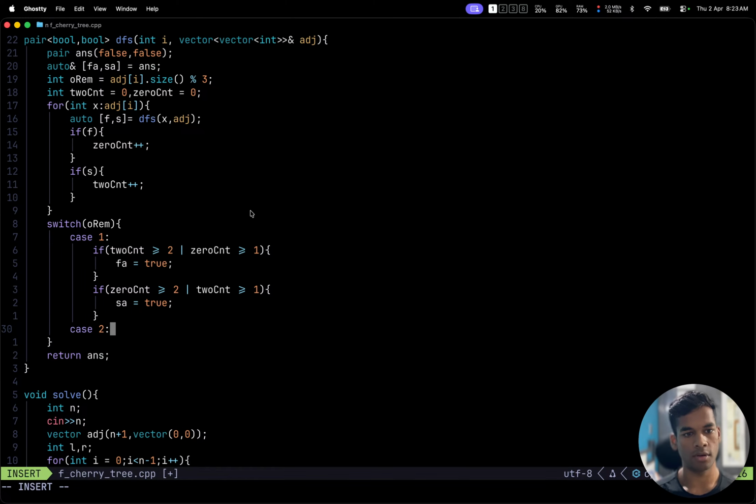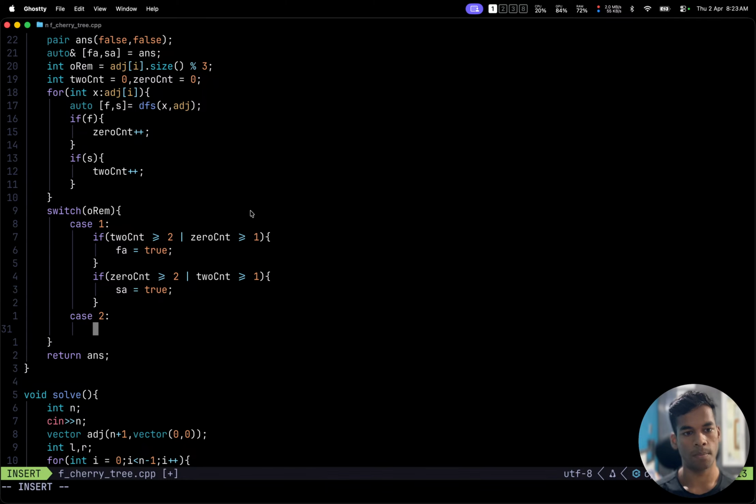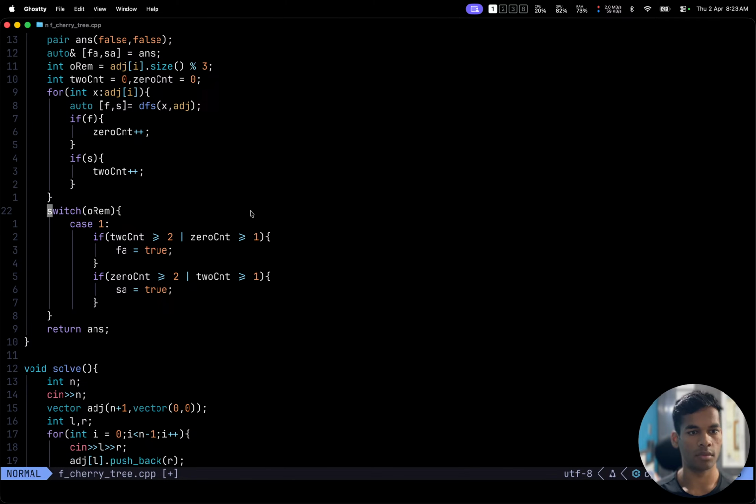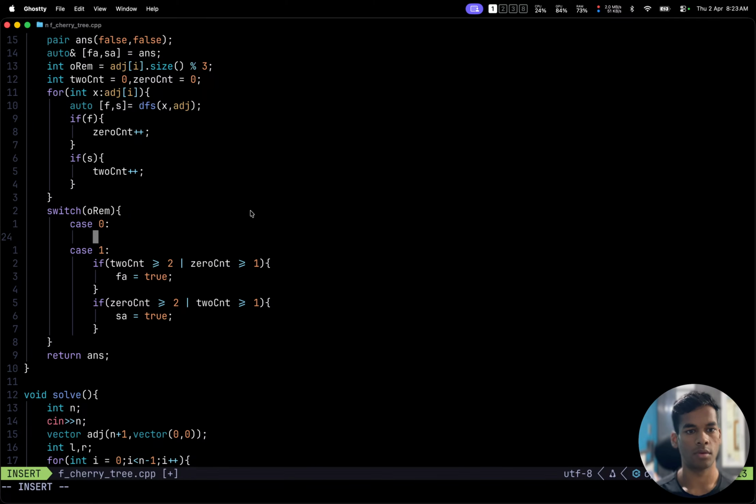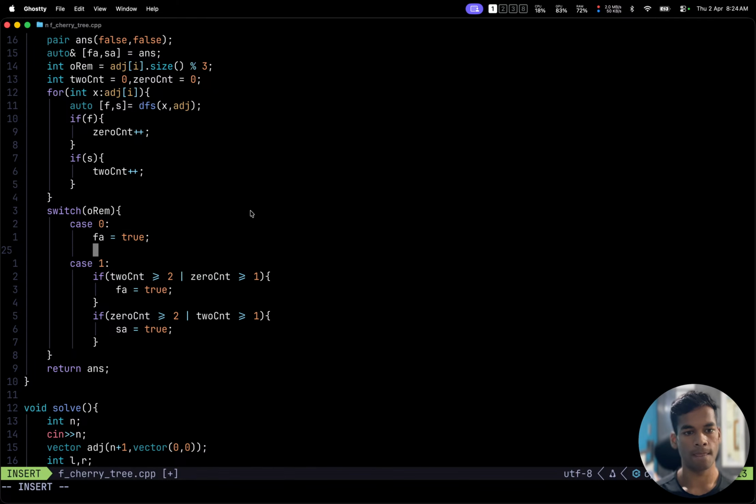In case 2, and there is also case 0. In case 0, if A is by default true, we need to check for 2.